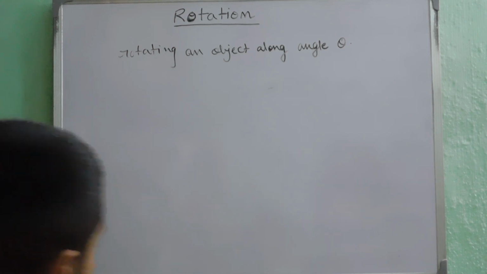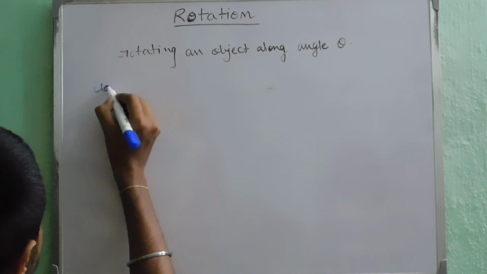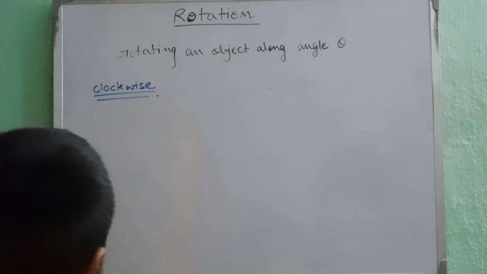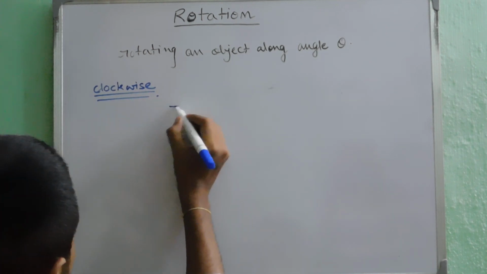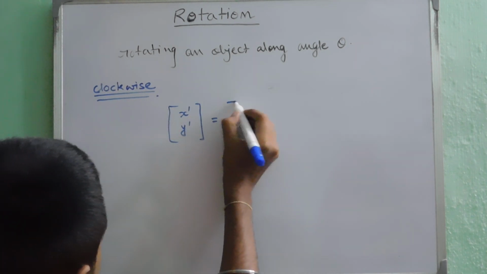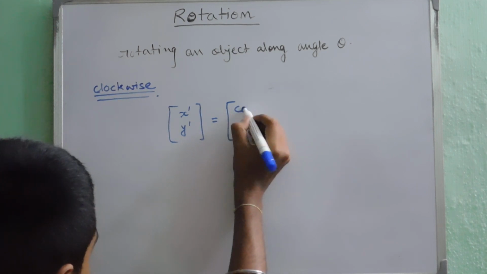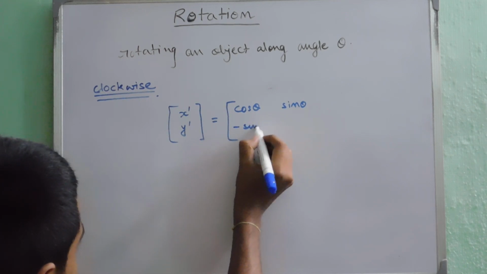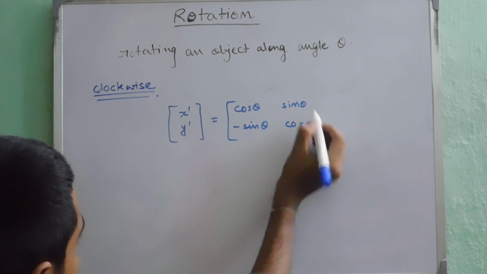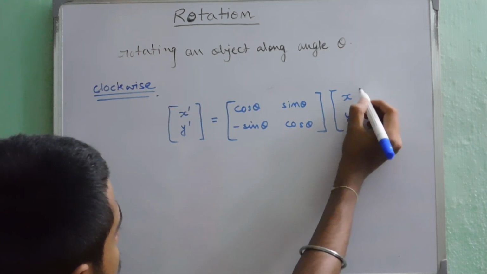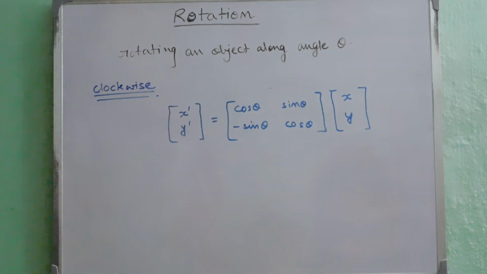First of all, for clockwise rotation, our new coordinates x dash and y dash will be given by the matrix cos theta, sin theta, minus sin theta and cos theta, multiplied by the original coordinate x y. Okay, so this is for clockwise rotation.